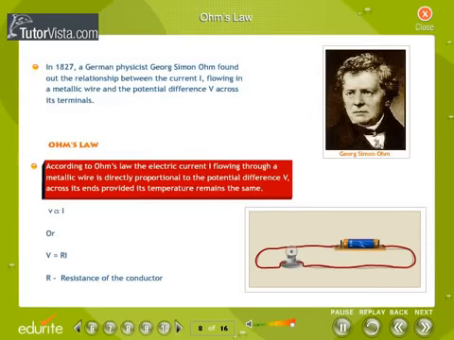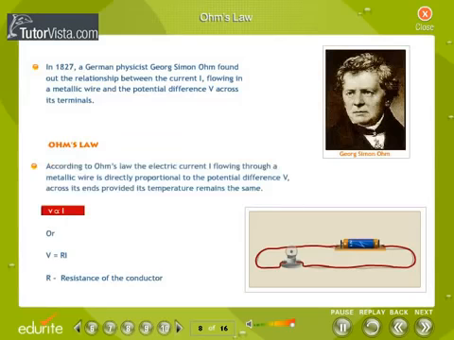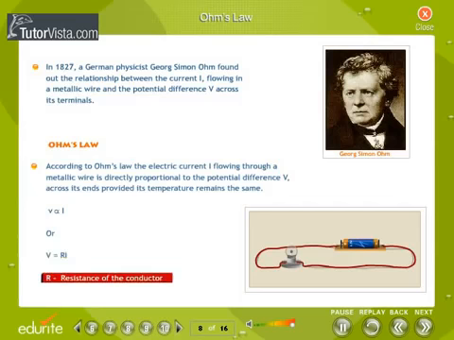According to Ohm's law, the electric current I flowing through a metallic wire is directly proportional to the potential difference V across its ends, provided its temperature remains the same. Mathematically, V is directly proportional to I, or V is equal to RI, where R is the constant of proportionality called the resistance of the conductor.